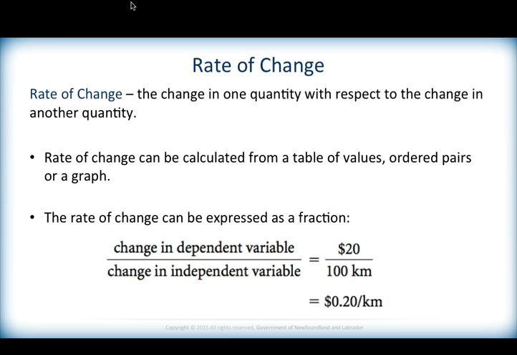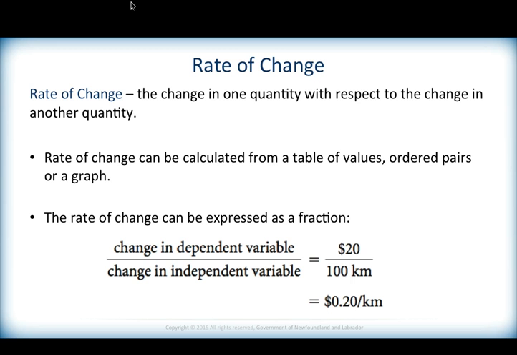Rate of change is the change in one quantity with respect to the change in another quantity. The rate of change can be calculated from a table of values, ordered pairs, or a graph. The rate of change can be expressed as a fraction, as you can see there. All you have to keep in mind is that it is the change in the dependent variable, which is your vertical axis on the graph, or in a table of values or your ordered pairs, it would be the second element.